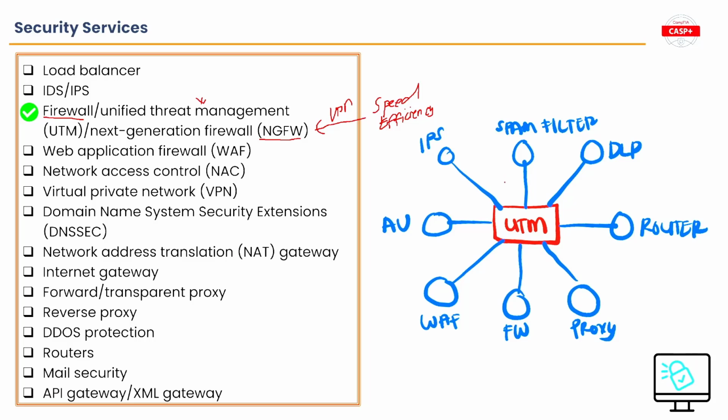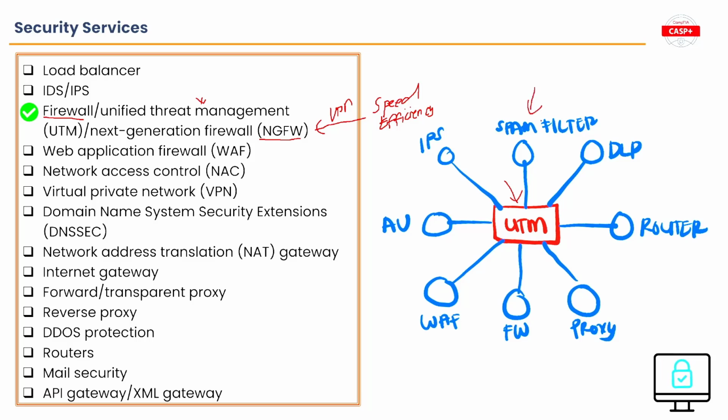Now there's another term here, which is UTM, or Unified Threat Management. UTM appliances combine firewall and other security features into a single unit that may be deployed on premises or in the cloud. All of the security features you need are included in this single package, as you see here. There's a lot.